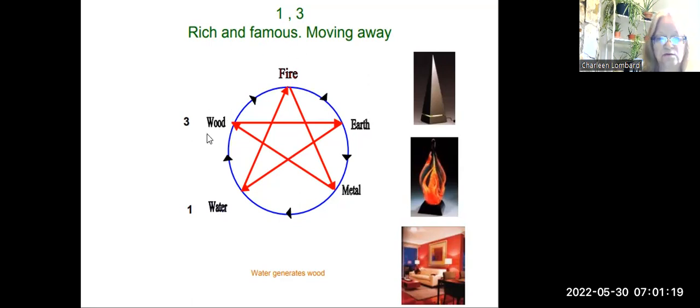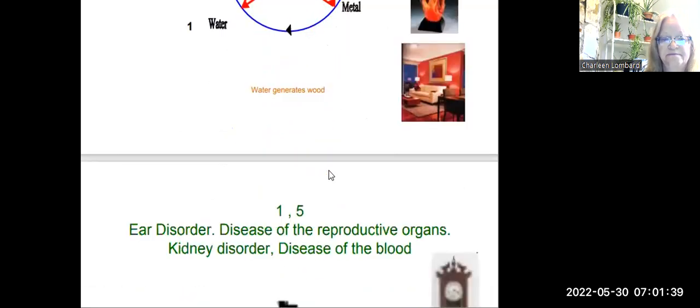So you don't want the energy of water just to build wood. You want wood to create fire so that the energy continues and doesn't stay stagnant here and not do anything. Okay. So that's for the 1 and the 3.